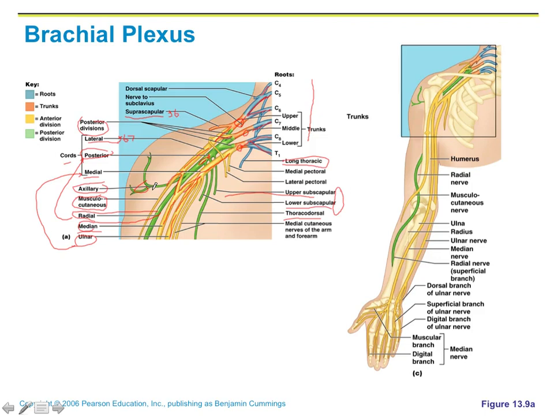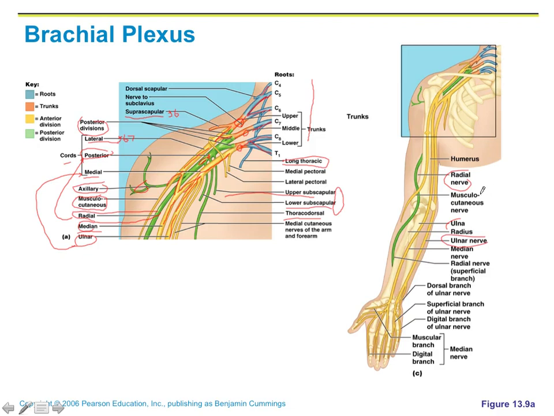So this is the brachial plexus. Here we can see the radial nerve and the ulnar nerve. They travel through our upper limbs to regulate the muscles in our palms and the muscles in the forearms.